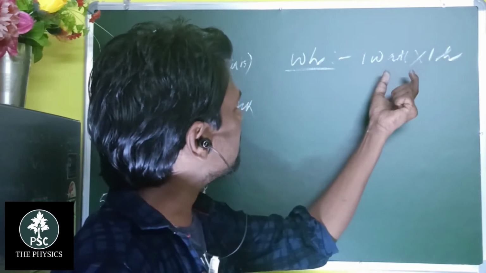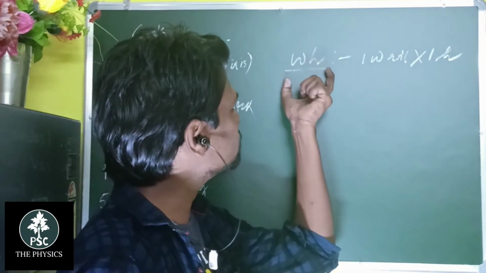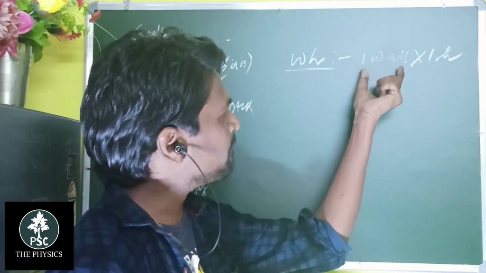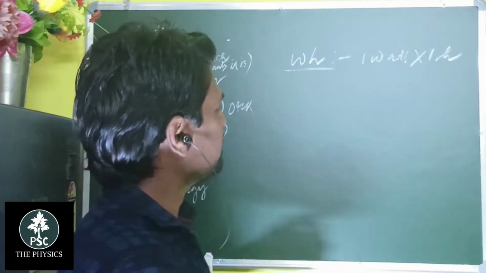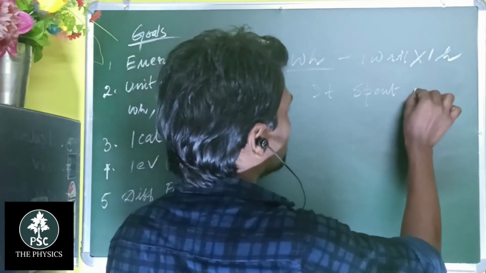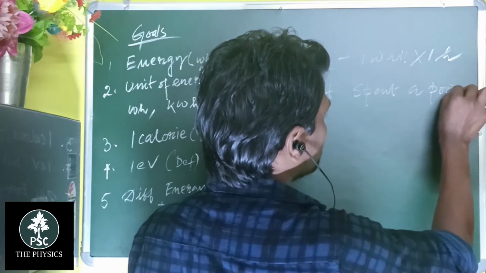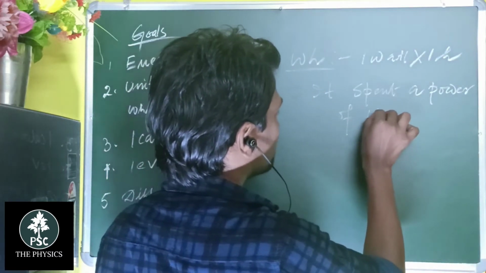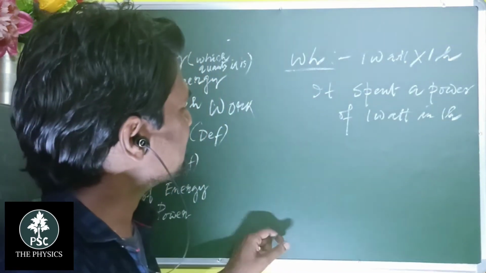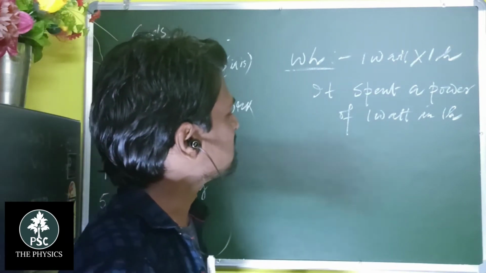We can say that the energy of a machine is 1 watt hour when it spends a power of 1 watt in 1 hour. Then we can say that the energy of the machine is 1 watt hour.